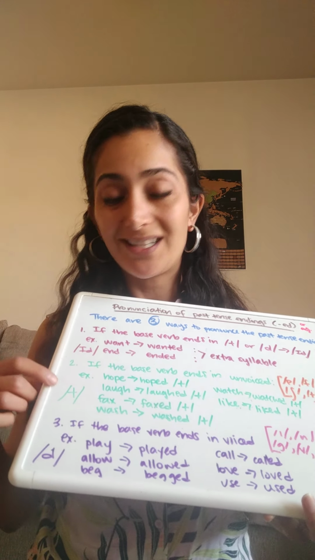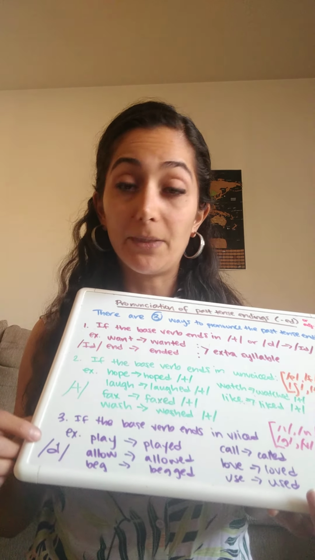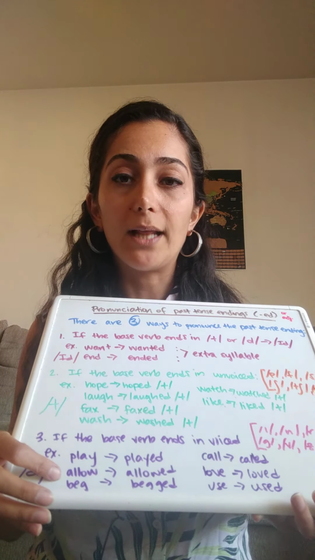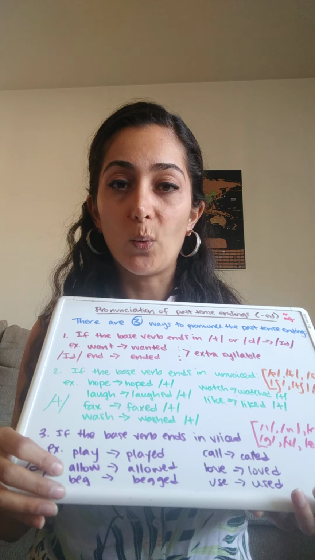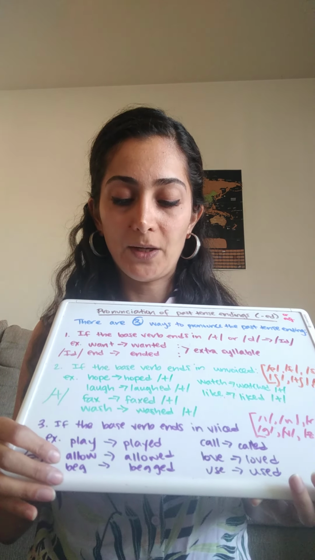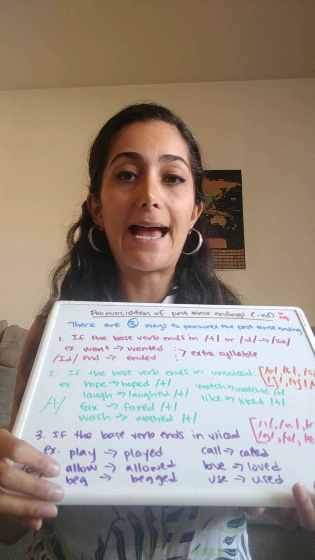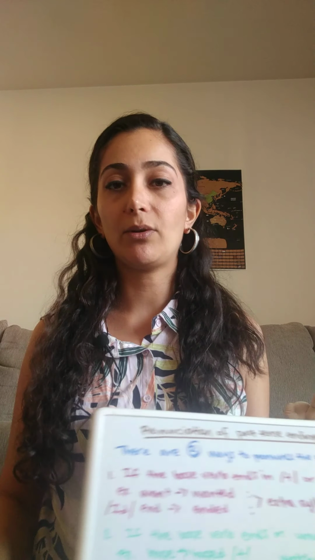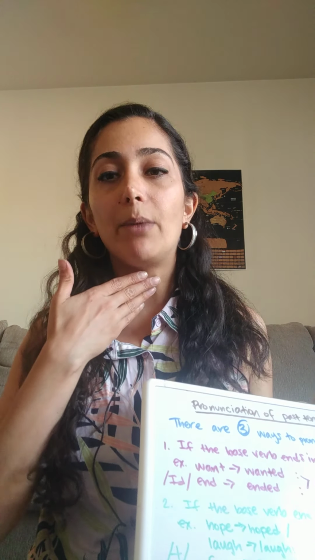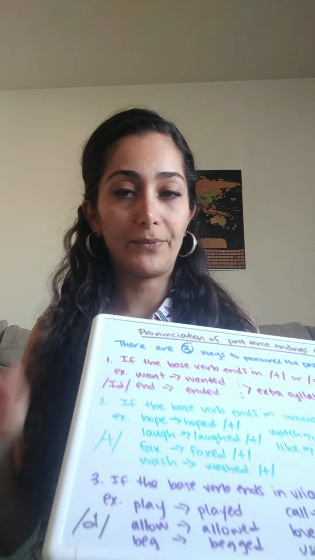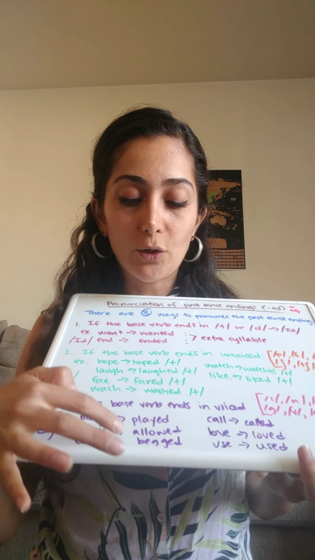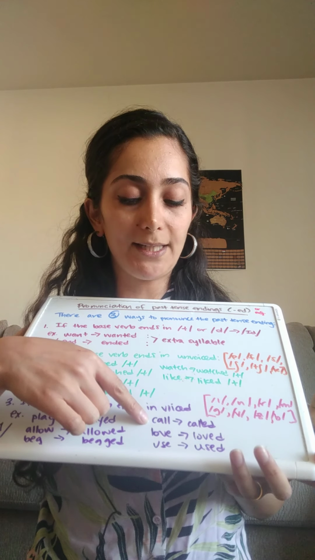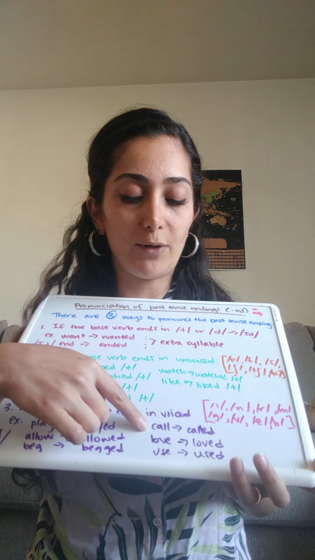D. So t is voiceless, but d is voiced. Allow, okay? W, voiced. So continuing with voiced, allowed. Beg, g, okay? We know that k is voiceless, but g is voiced. They're counterparts. So beg becomes begged. Call, l, voiced. Called, continued voiced.